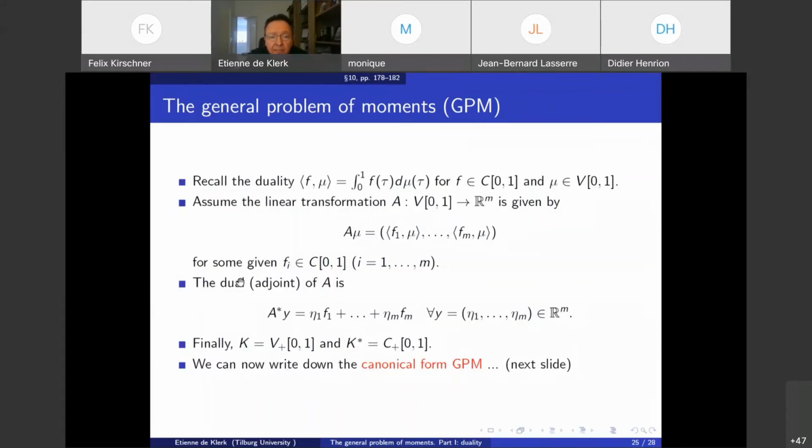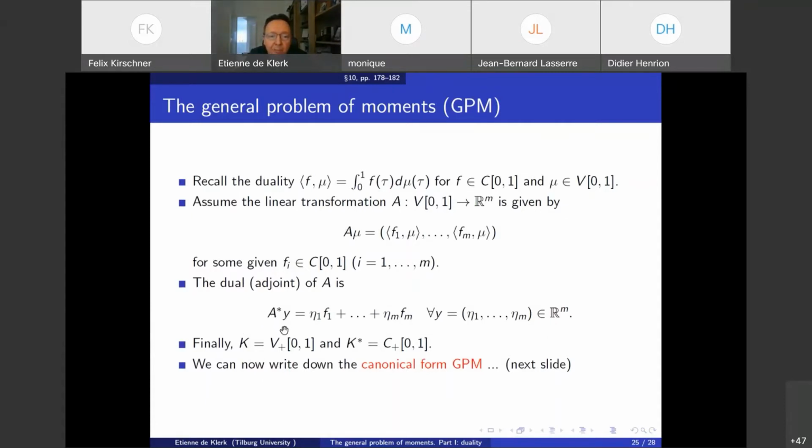Again, a nice exercise, which is just general. This is not special either to semi-definite programming or to the generalized problem of moments. It's just that if our linear operator is given in terms of some given vectors and in terms of dualities, then the adjoint operator always takes this form.